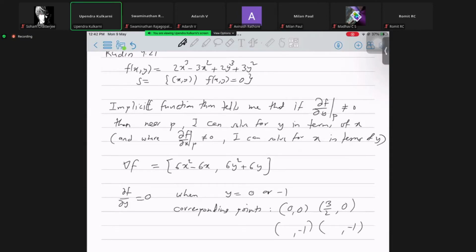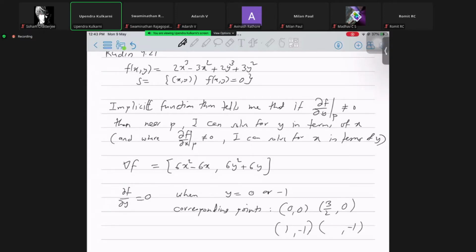Right, and so when I have minus 1 as the value of y, what are the values of x? Okay, a bit of algebra over here. So 1 comma minus 1 is a point. I mean, x is equal to 1 is a solution.